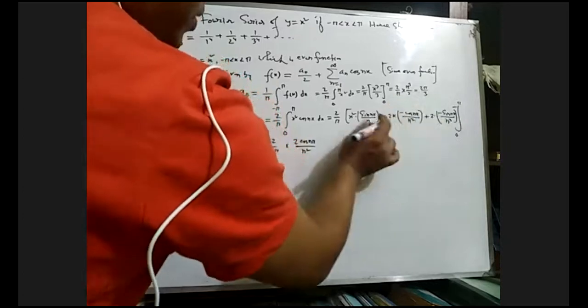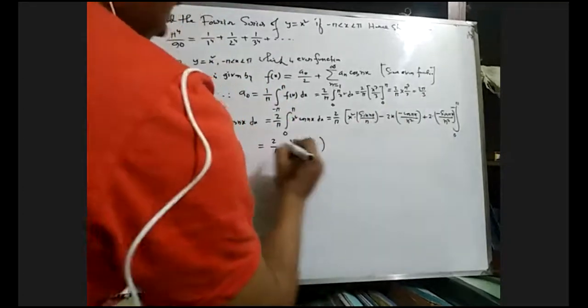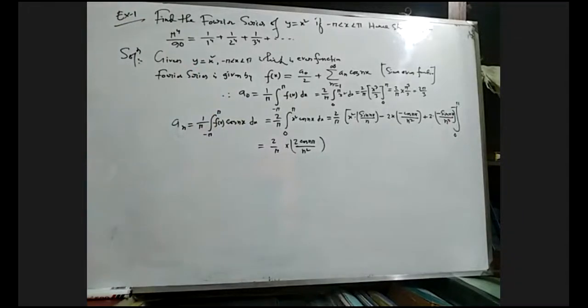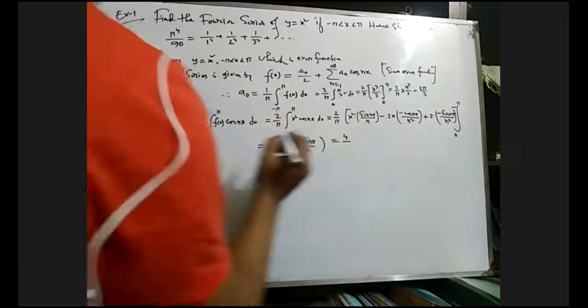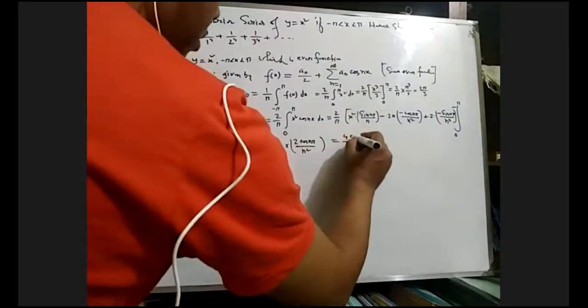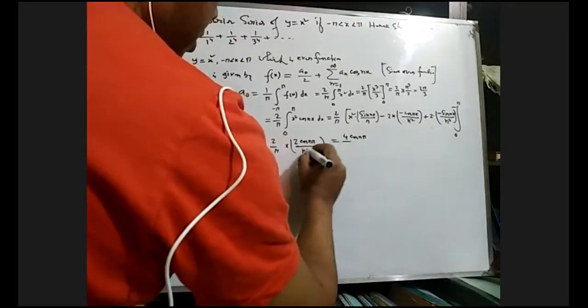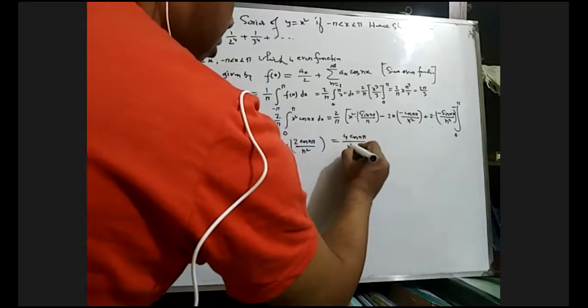Again putting the values, this will also be 0 and this also 0. So we get only this value: 4 cos n pi divided by n square pi.